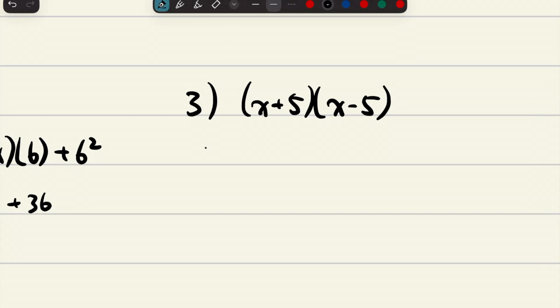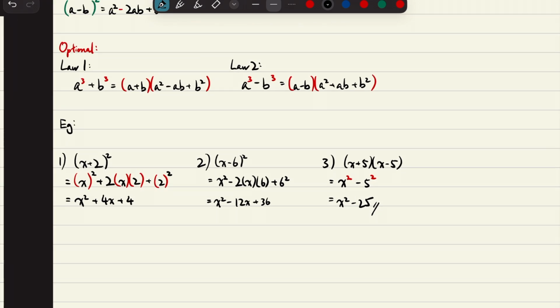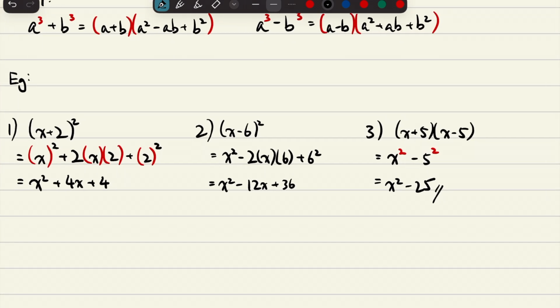So this will equal x squared minus 5 squared. And the final answer will be x squared minus 25. Okay, these are the 3 practice questions for the must-use identities in high school.